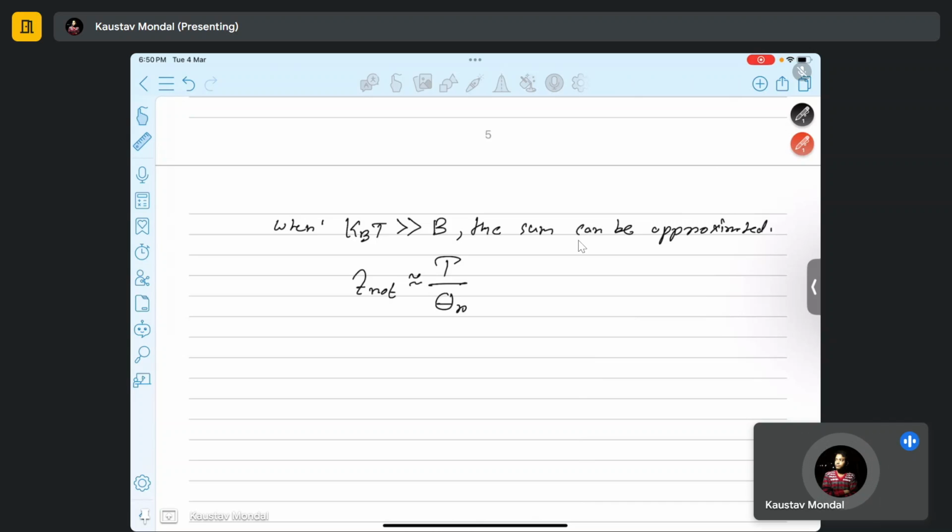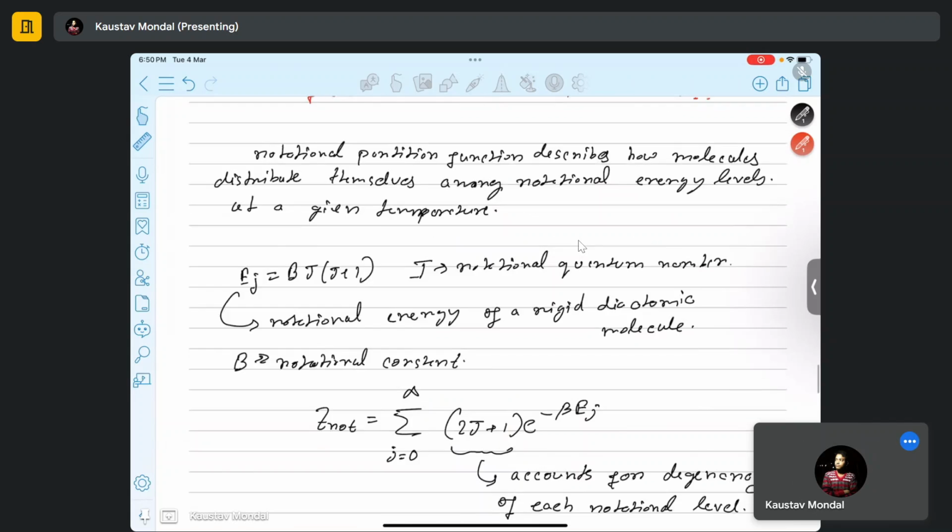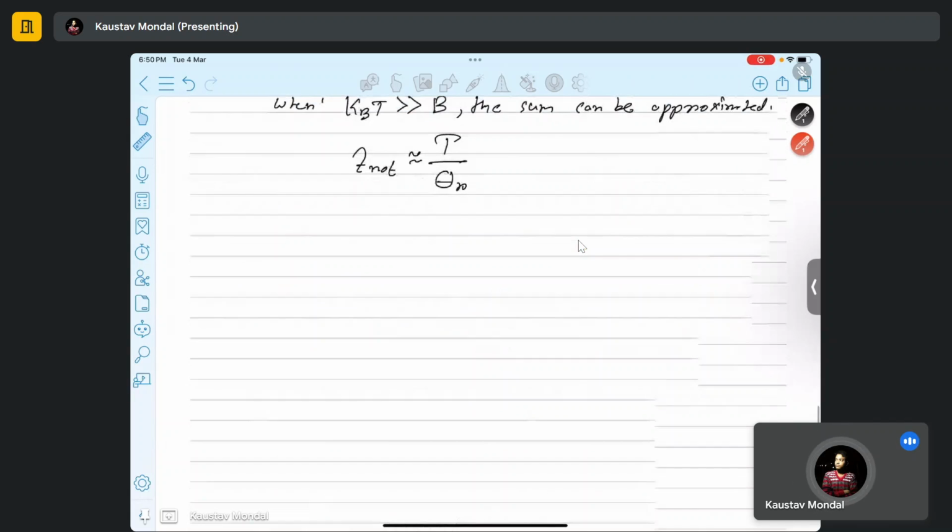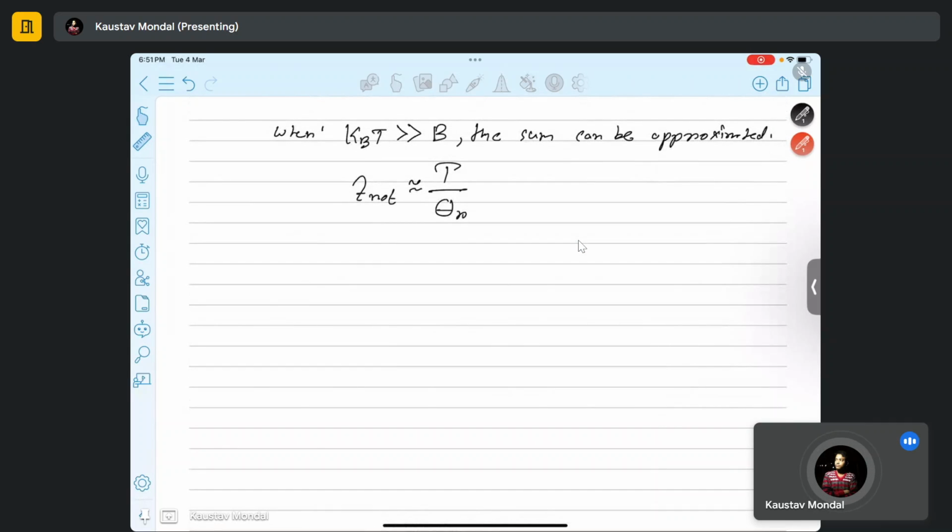So what is theta r? Theta r is known as the characteristic rotational temperature. Okay, that we have actually been asked to find out.